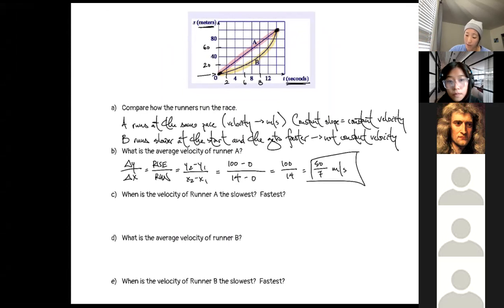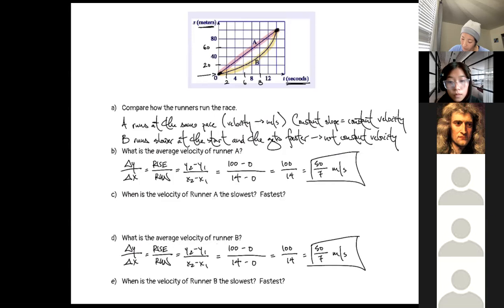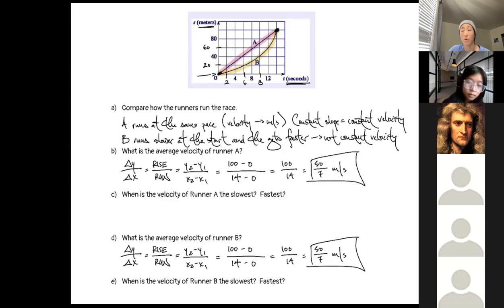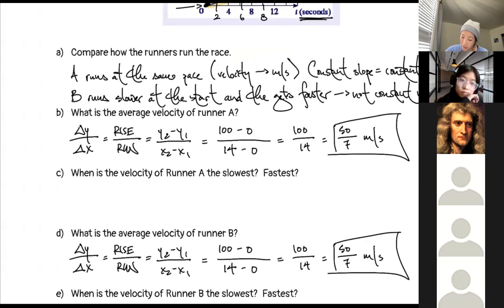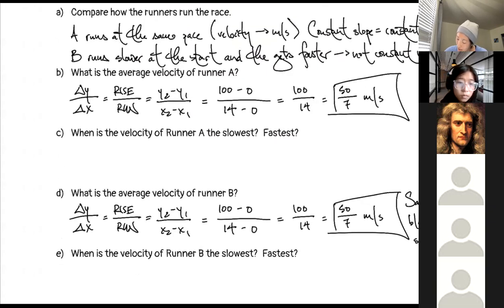So we can actually say this whole piece happens to be the same points for runner B. And if we were to write that out, we could say it's the same as runner A because they start and stop at the same time.